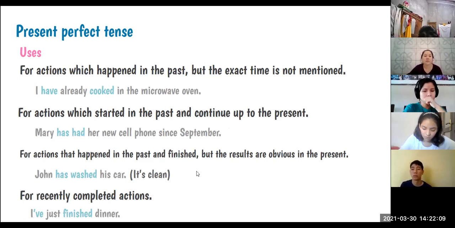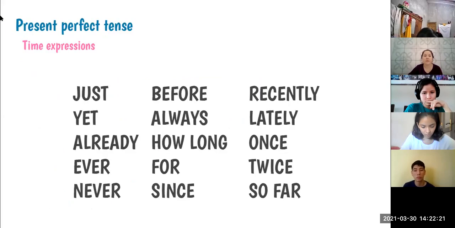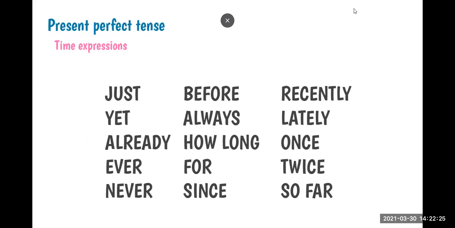Okay, let's go to the present perfect continuous, okay? I forgot about this. These are some time expressions that we can use with the present perfect tense. As you can see, some words that are normally found in these kinds of sentences.